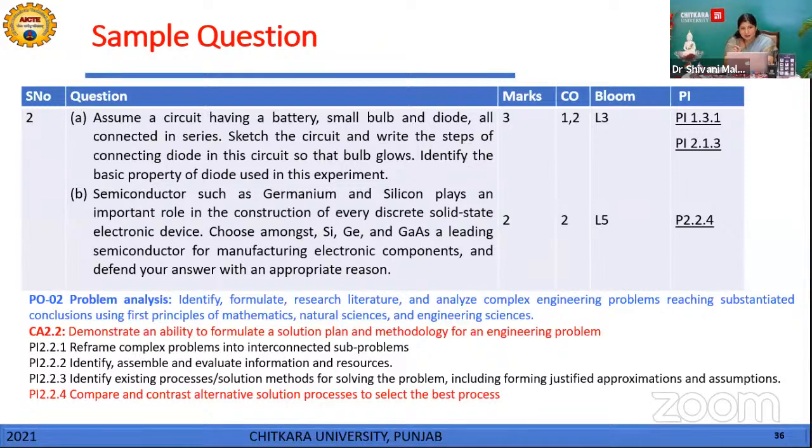This performance indicator in itself states that it is very closely related to that part B. So we have PI 2.2.4 associated with question number 2 part B. It states program outcome 2, competency 2, and indicator 4. They are connected to this particular question.